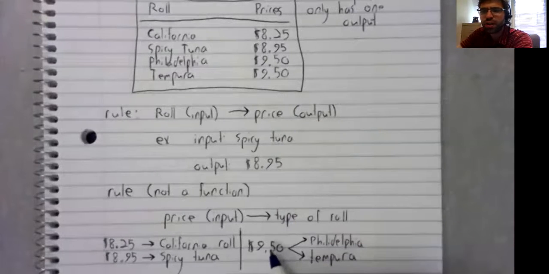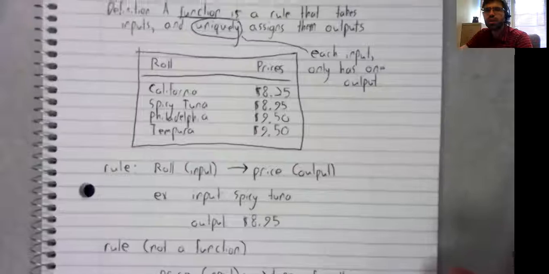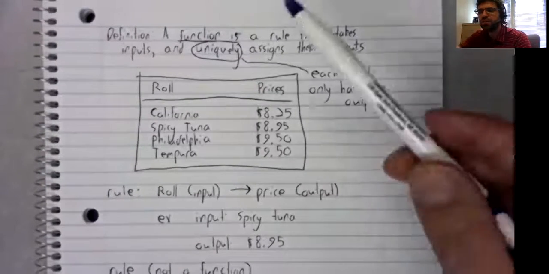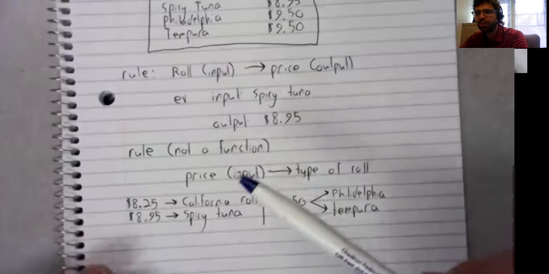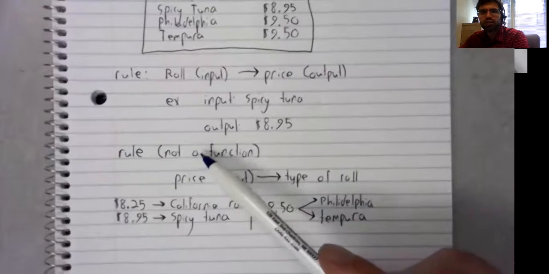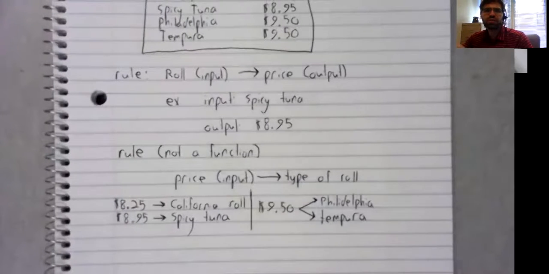This one input has two different outputs. And that violates this uniqueness, and that is why this rule does not represent a function.